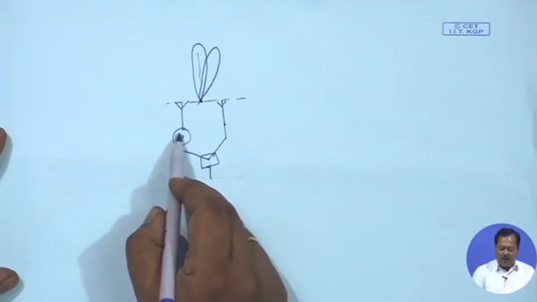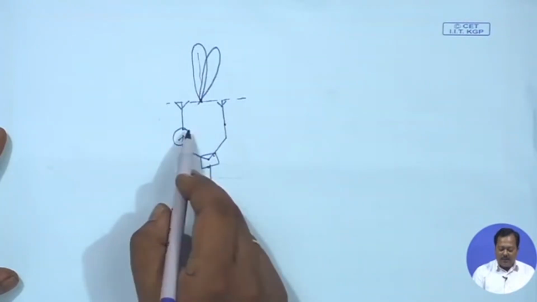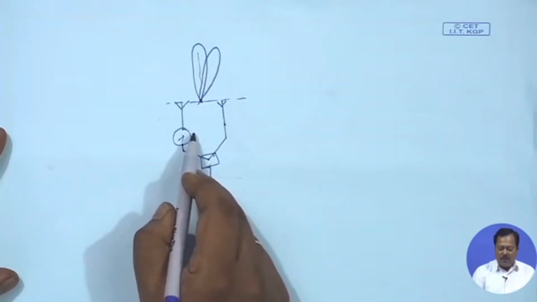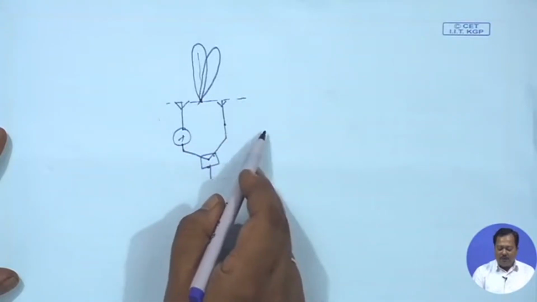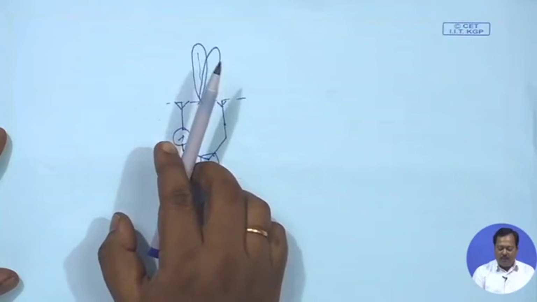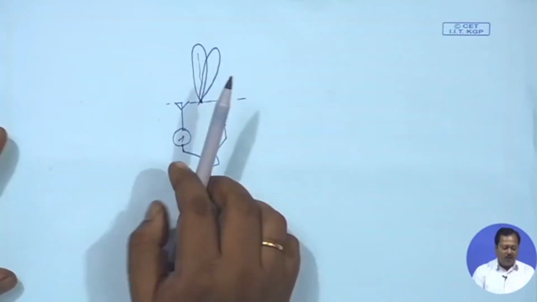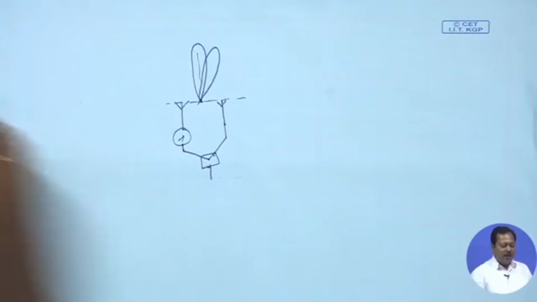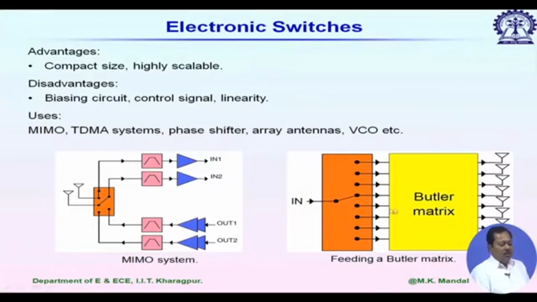So, for an array of n antennas, if we assume it is a linear array, in that case we have to maintain the same progressive phase difference between successive antennas to direct the beam in a particular direction. Now, if I go back to the Butler matrix, when let us say the input is connected to the first input, then we have a typical phase distribution, and because of that we have a progressive phase shift between the output points.